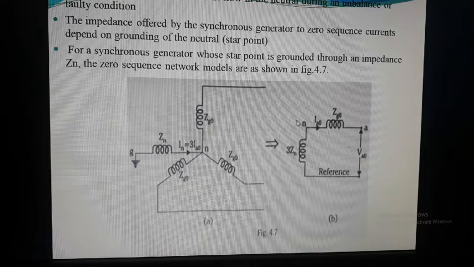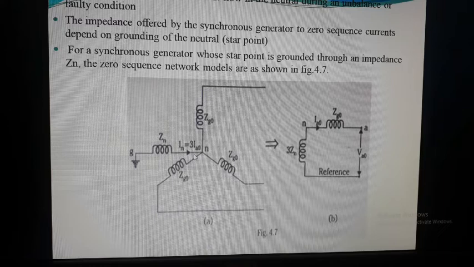It is the zero sequence currents that flow in the neutral during unbalanced or faulty conditions. Both during positive and negative sequence currents, no neutral current will be flowing, but only the zero sequence currents flow in the neutral under faulty conditions.